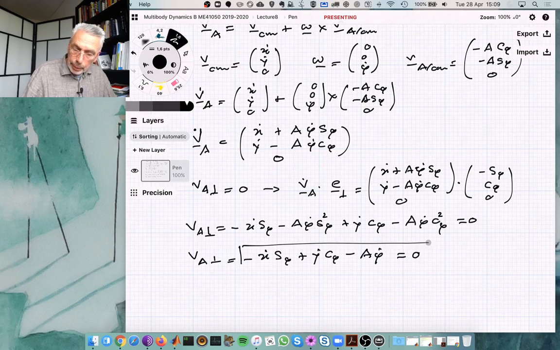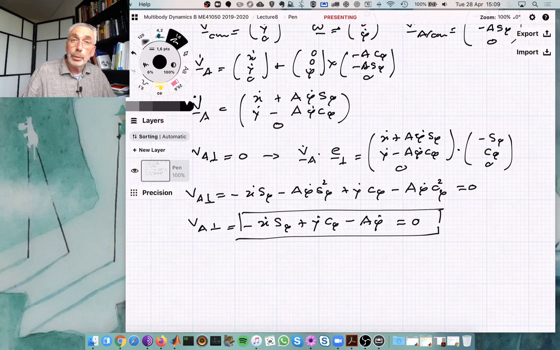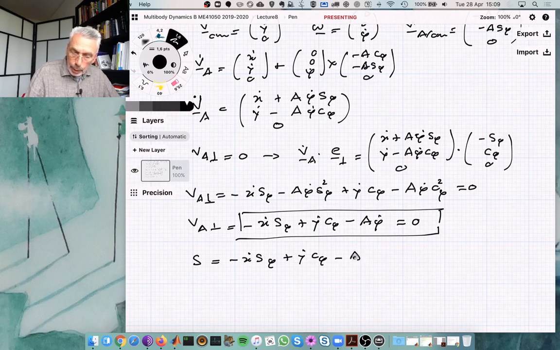So this is our non-holonomic constraint, right? We give that a name, we call it S, or S1, but we only have one. So we get S equals minus x dot sine phi plus y dot cosine phi minus a phi dot.